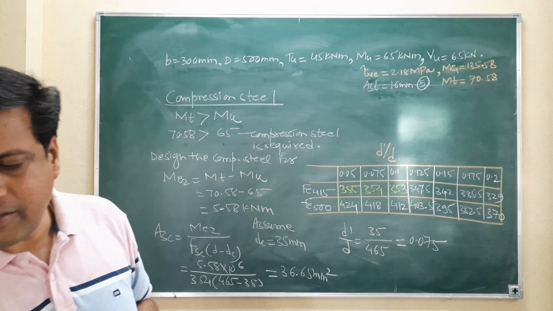As we provided 16 mm bars for the bottom reinforcement, the same reinforcement you can prefer for the compression steel. 12 mm 2 bars are also sufficient because this value is very small. So you can decide any bar diameter approximately. So this is related to the longitudinal reinforcement for the beam.